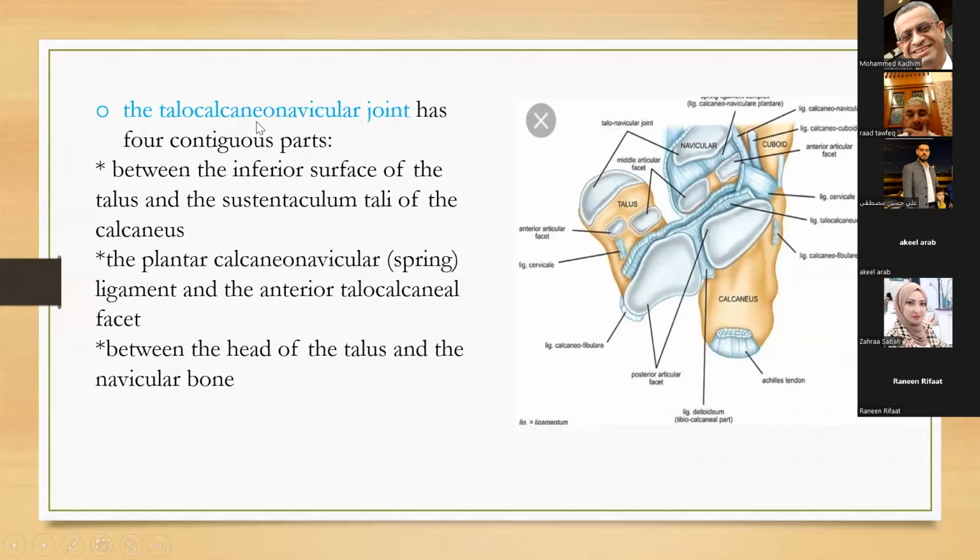The second part of the subtalar joint is the talocalcaneonavicular joint, which has four contiguous parts: between the inferior surface of the talus and the sustentaculum tali of the calcaneus, the plantar calcaneonavicular or spring ligament, and the anterior talocalcaneal facet here, and between the head of the talus and the navicular bone.